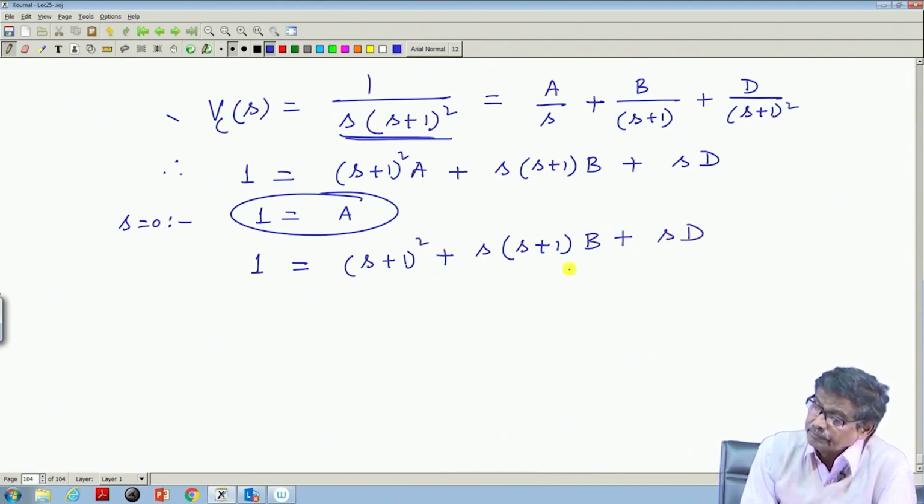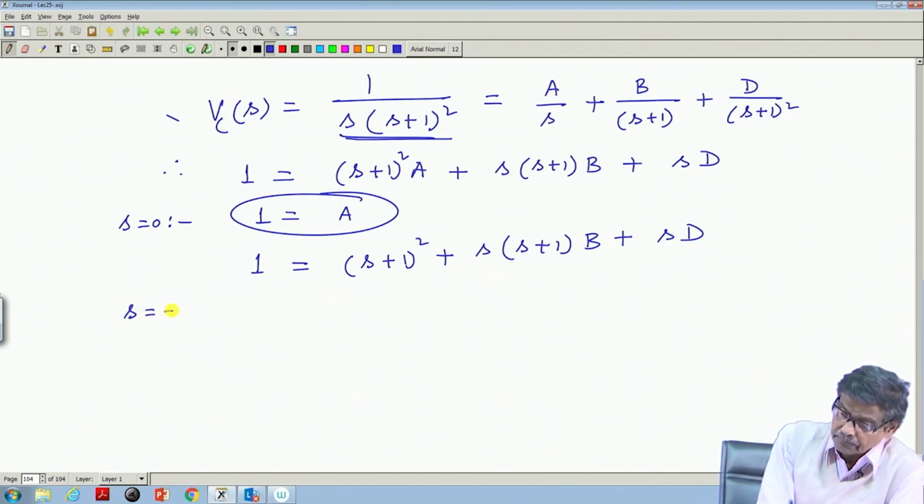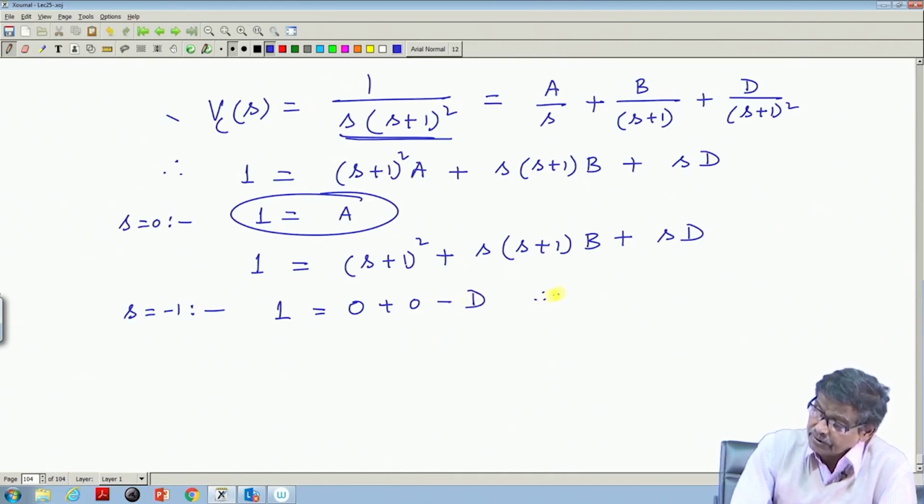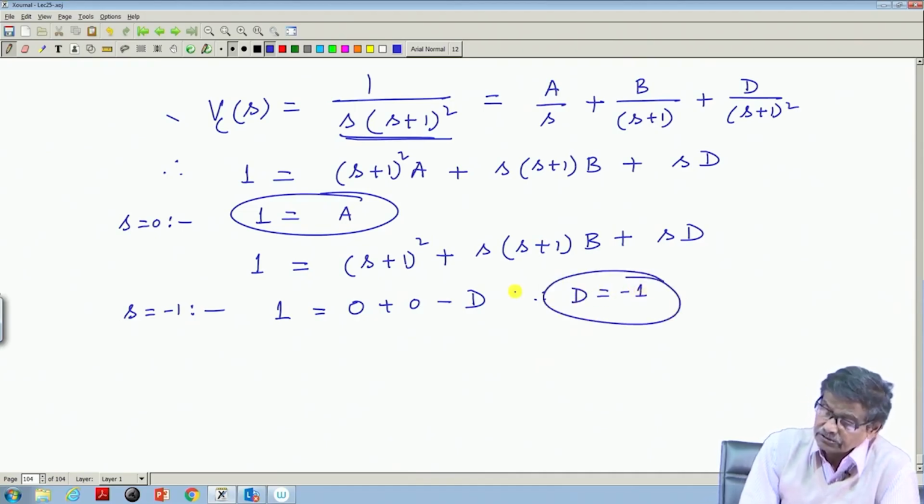This is the thing, correct. Now, what you do? You put s equal to minus 1 on both the sides. It is an identity. So, 1 equal to this will be 0, and this will also be 0, and you will be left with minus d. Therefore, you find d is equal to minus 1, d is also obtained.